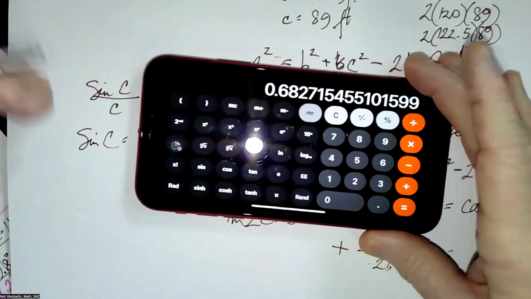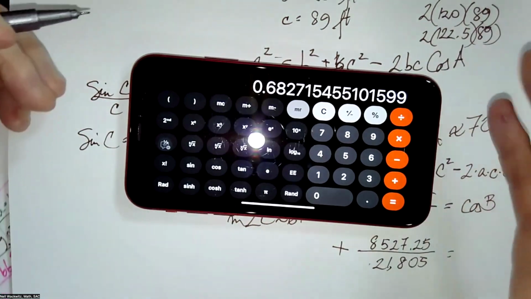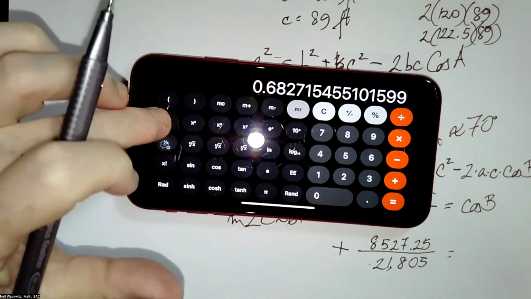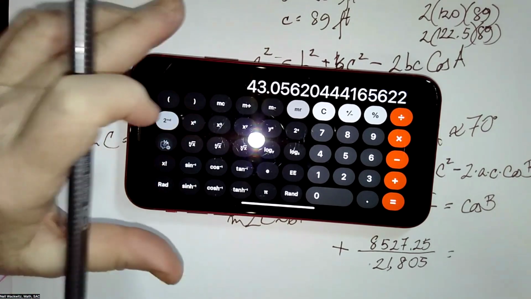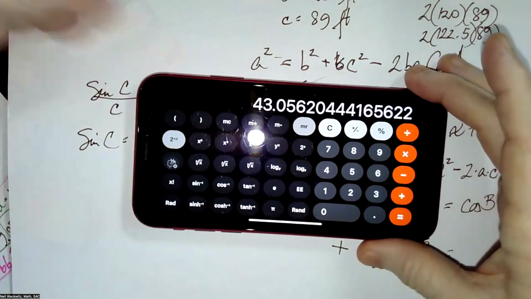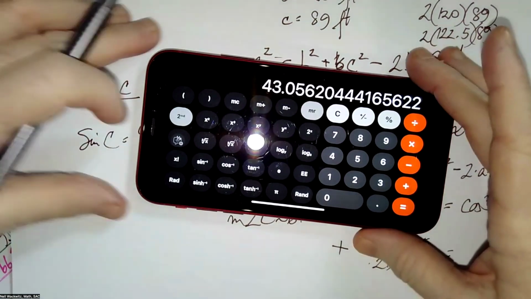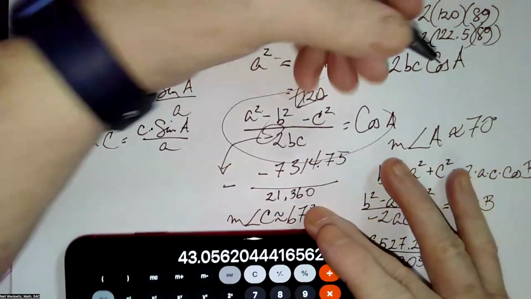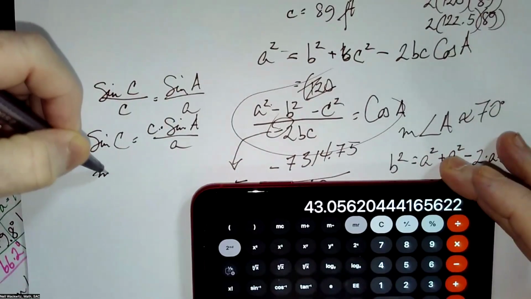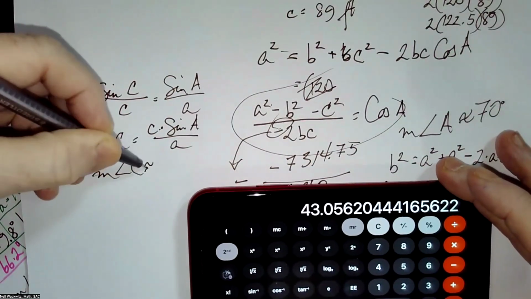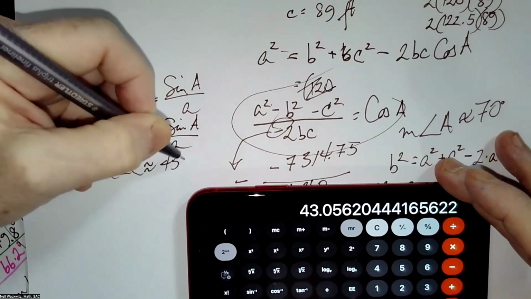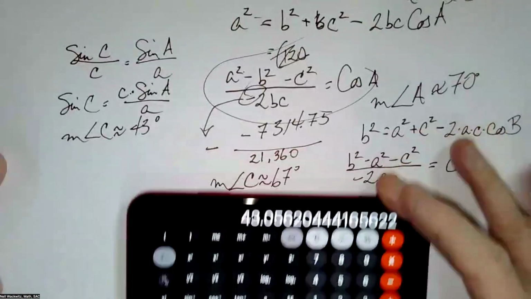So the sine of angle C is 0.6827. And we get that angle C is approximately, I'm going to call it 43 degrees. So C, measure of angle C, is approximately 43 degrees.